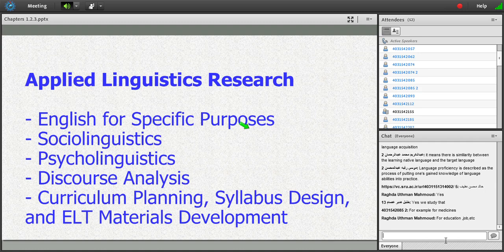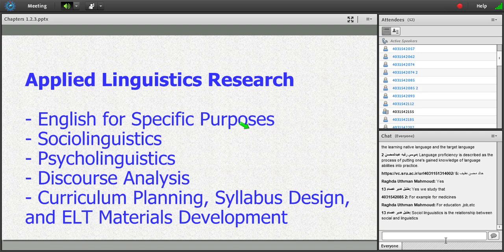Okay, good. So when we say English for specific purposes, it means that English is the medium of instruction while content is presented. For example, English for the students of medicine, the texts are related to medicine. The texts are related to the health areas.